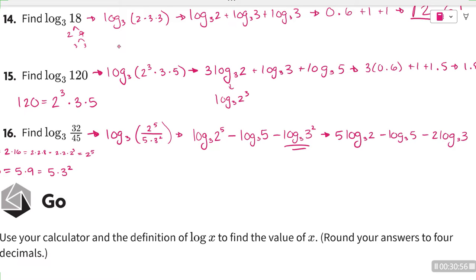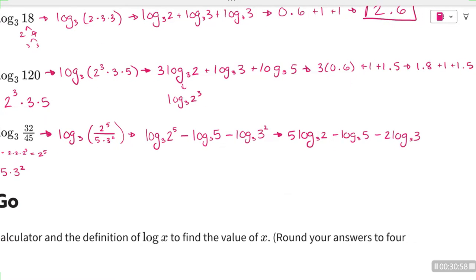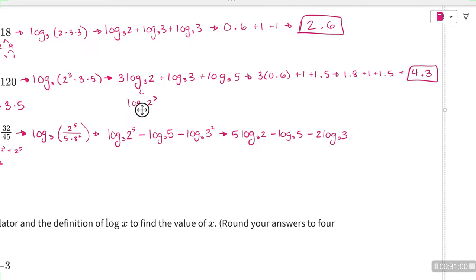So 2 times log base 3 of 3. Okay, so we end up with 5 times 0.6 minus 1.5 minus 2 times 1, right? Log base 3 of 3 is 1. So I guess I'll work downward here.